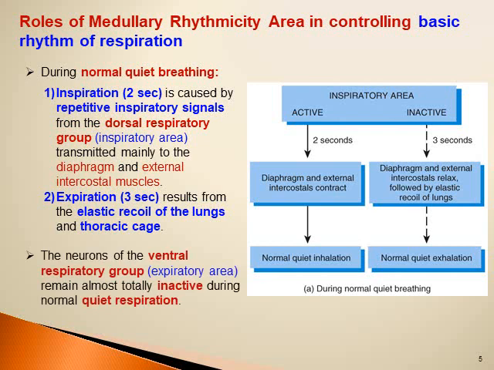The neurons of the ventral group or the expiratory area remain inactive. So it is almost totally inactive during normal quiet respiration, which is the respiration at rest. So there is no expiratory area involvement in normal quiet breathing. The area is silent during normal quiet breathing.